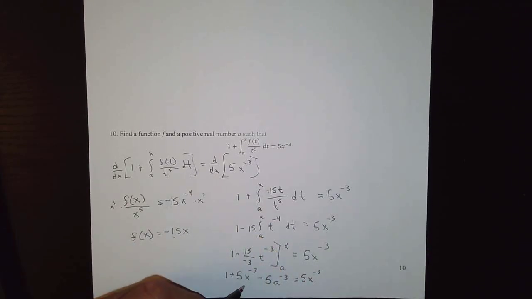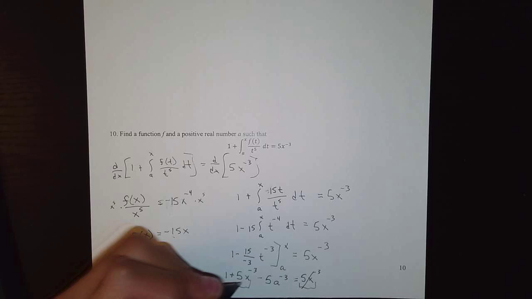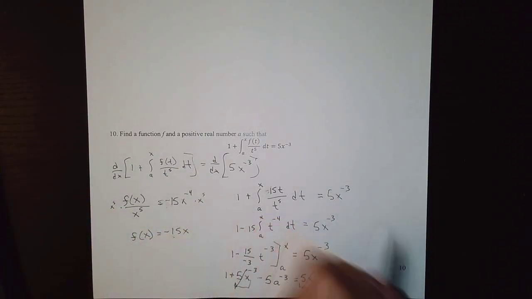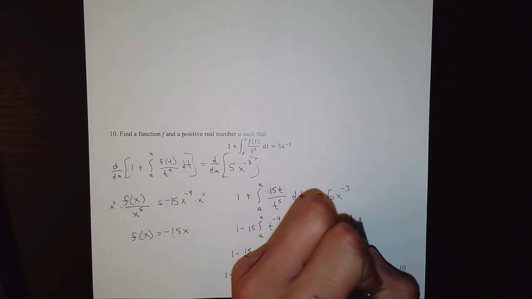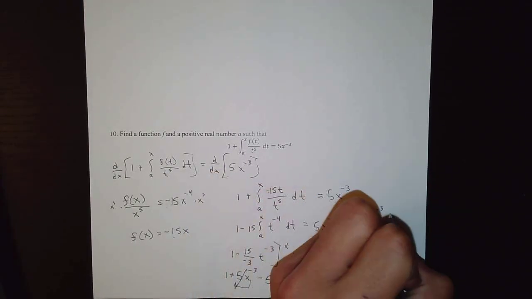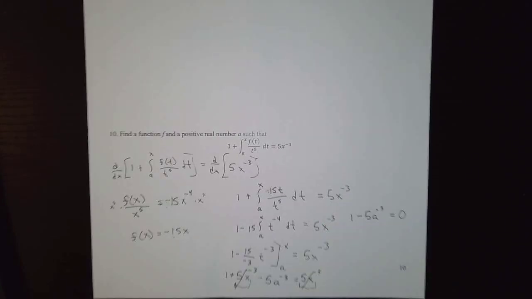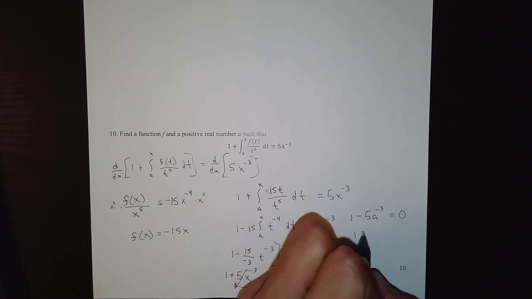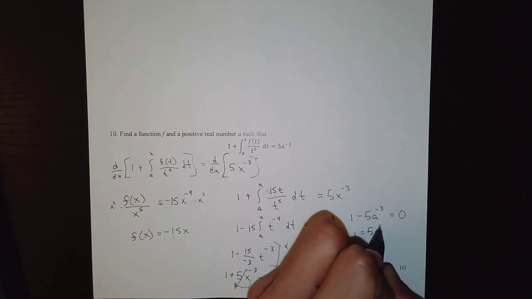Well, observe that this is the same as this, and so these actually cancel out, and so we have 1 minus 5a to the negative third power equal to 0. Well, now we can say 1 is equal to 5a to the negative third power.